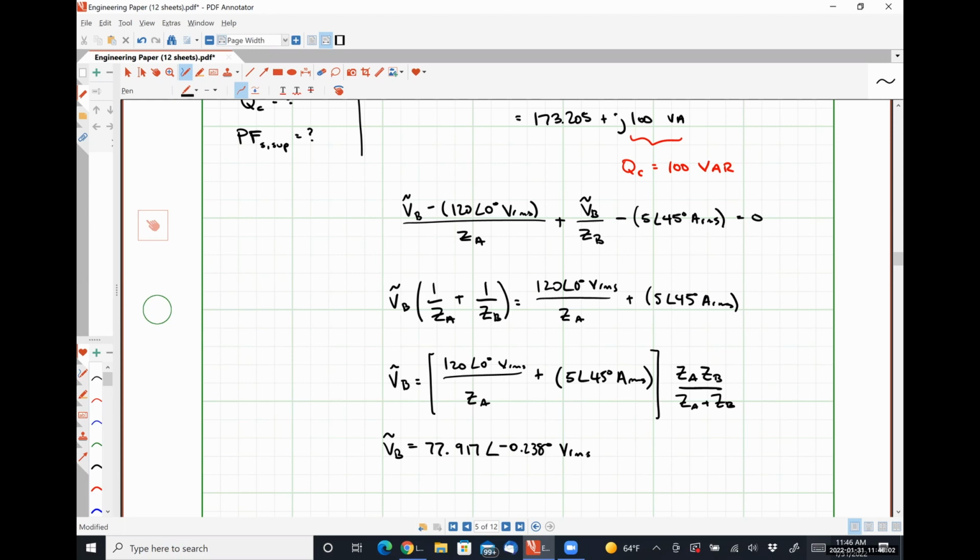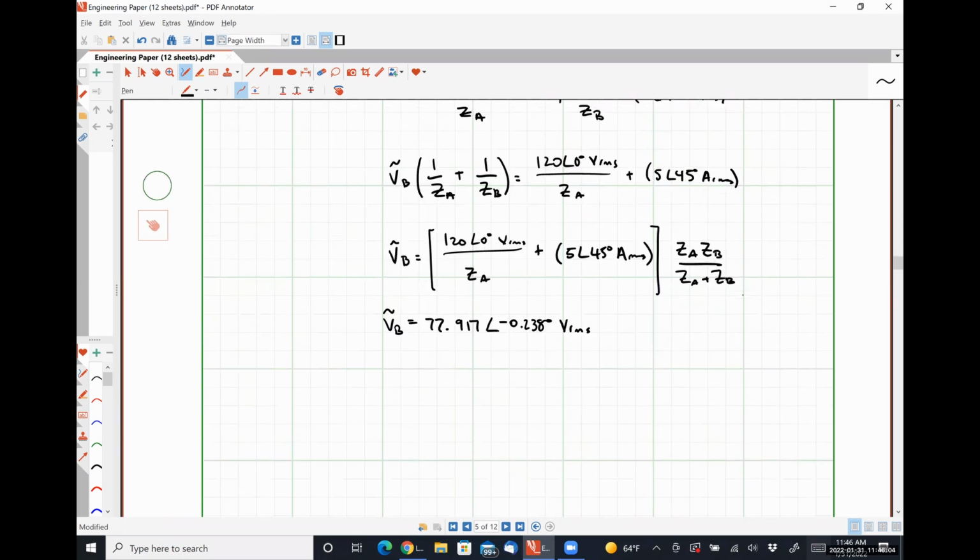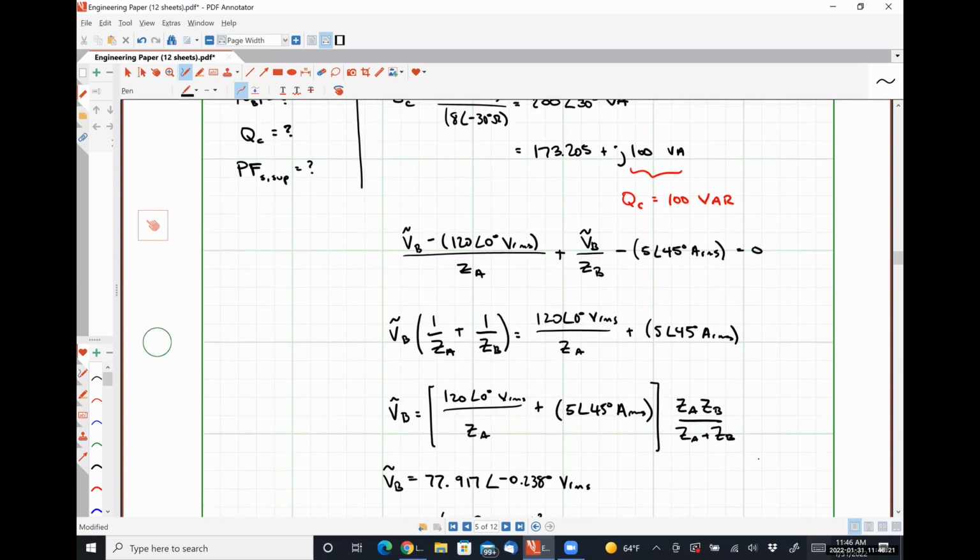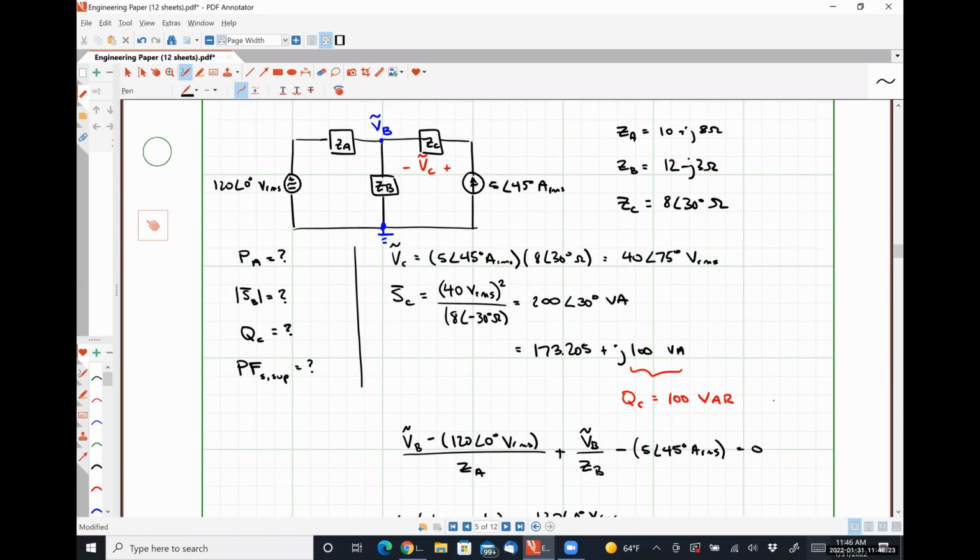So from this, SB is 77.917 volts RMS quantity squared divided by the conjugate of 12 minus J3. What's the conjugate of 12 minus J3, Justin? 12 plus J3. Absolutely right. Thank you.